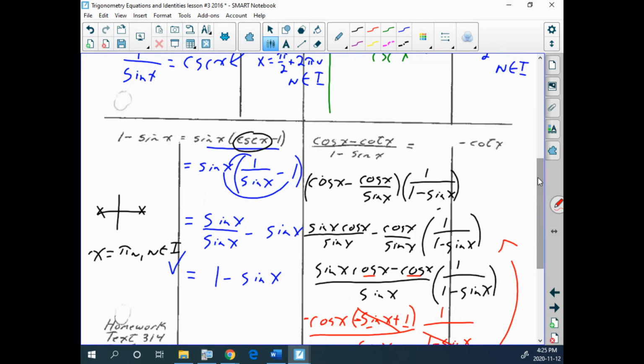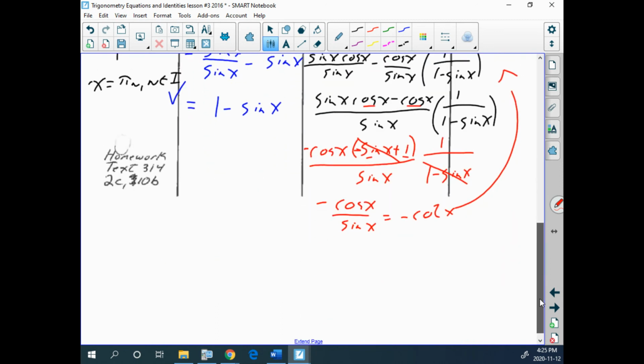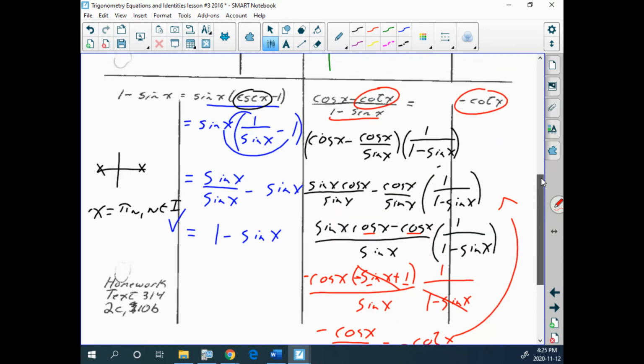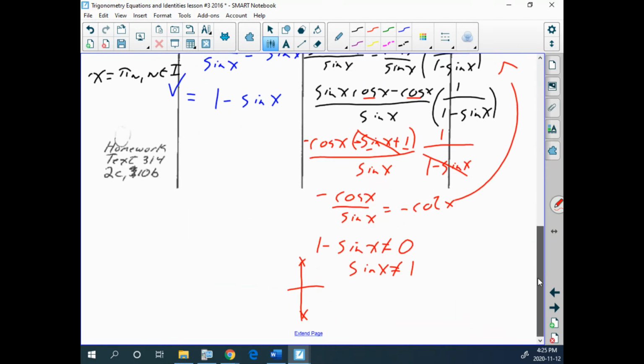The non-permissible values have to do with cotangent. He shows up twice. And then I have the non-permissible values from the 1 minus sine x. 1 minus sine x cannot equal 0. Sine x not equal to 1. That occurs here and here. And then we also have cotangent.